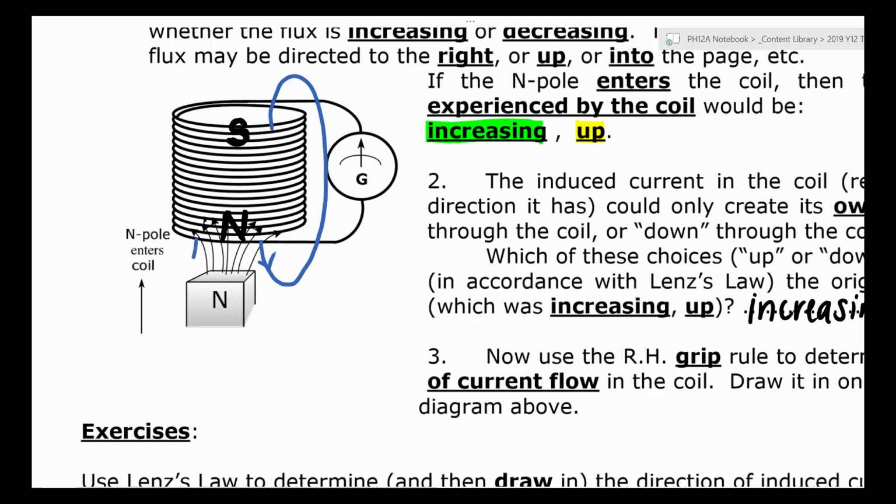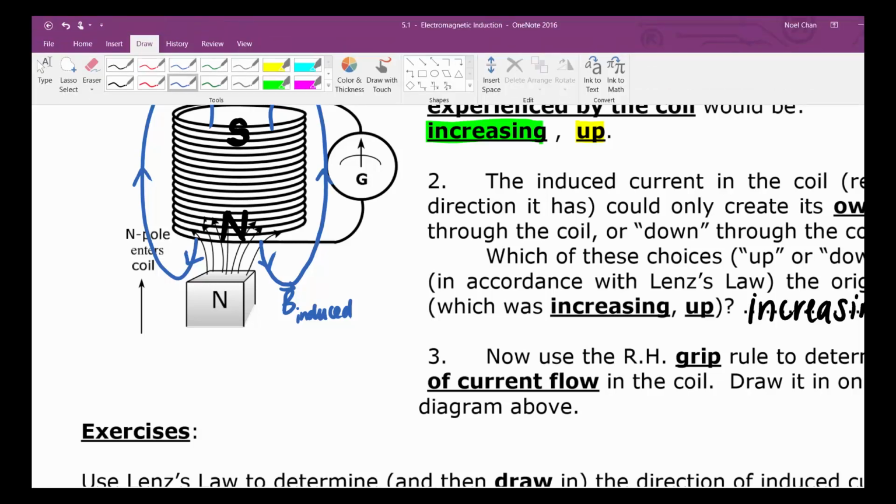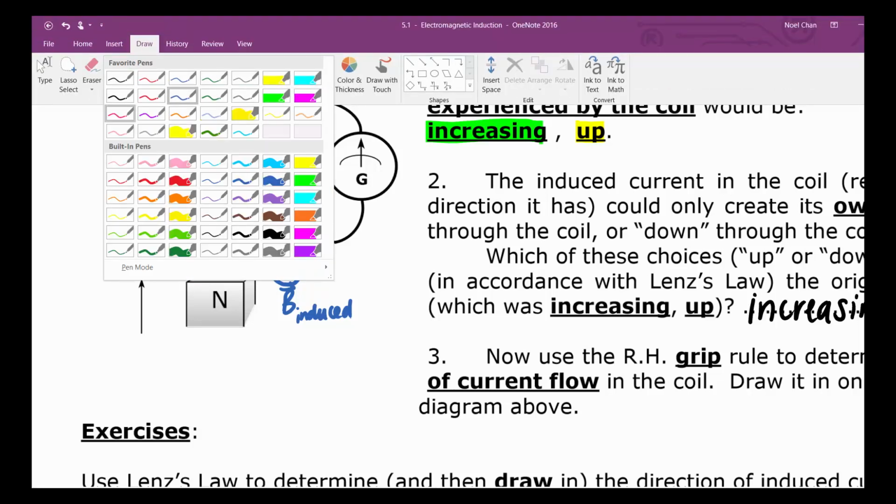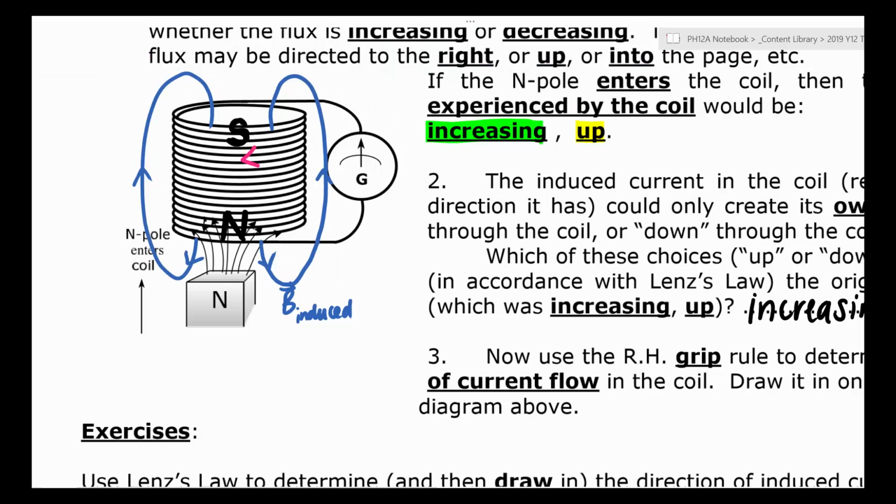So notice that I've drawn my induced magnetic field just by thinking about trying to repel a pole that's coming close to me. Once I get the induced magnetic field or the induced flux, now I need to think about what current would produce that particular field that's in blue. And the only current that would do so is the one that's going this way.